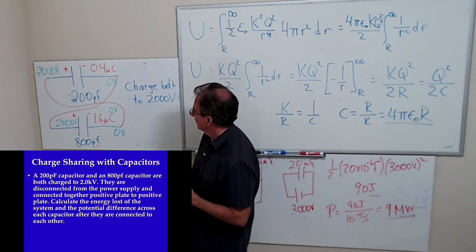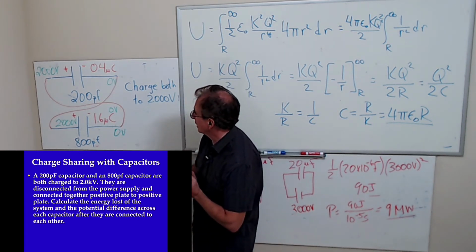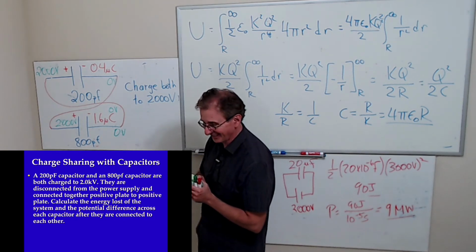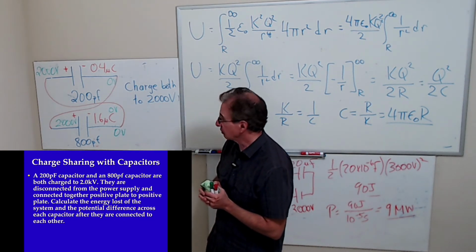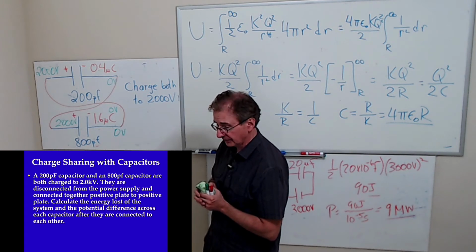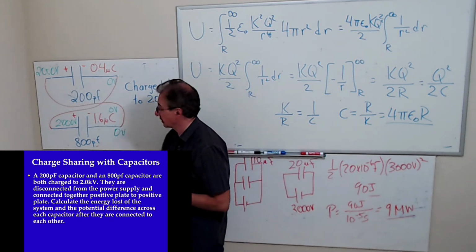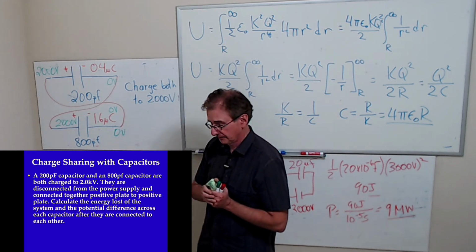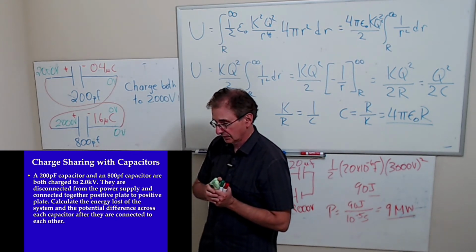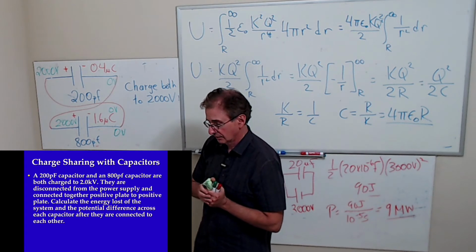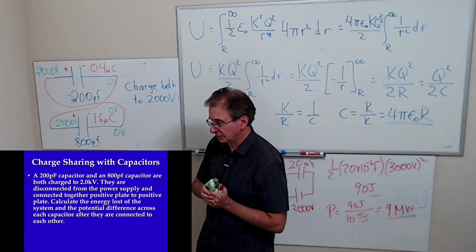But let's pretend that the wires could take that charge. Yeah, you do have a short, but let's pretend that wire can take the charge, because in this case they're connected to each other. And that was a complete short, right?